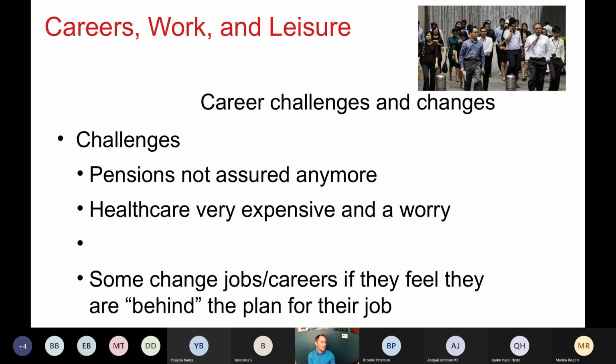So with this, they might change careers if they feel behind in their plan for the job. Maybe in early middle adulthood, they wanted to be at a couple levels higher in the company. So maybe they move to a different company and hop around to different kinds of industries or things like that. If they want to get more advancement, rather than trying to get promotions within one specific area, they try to jump up in promotions with different companies.